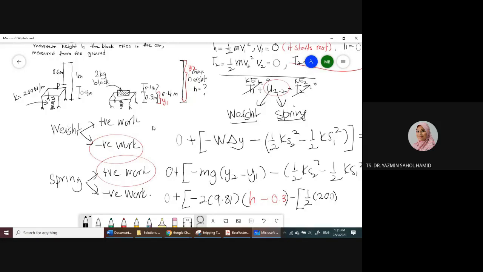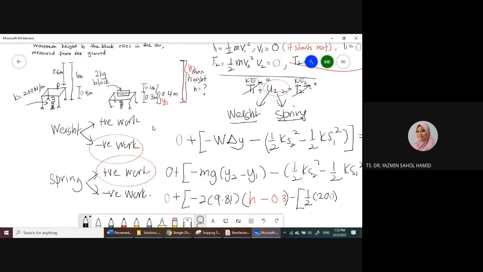What is the initial spring compress and what is the final spring compress? Now, if you notice, the spring final, this is the spring.